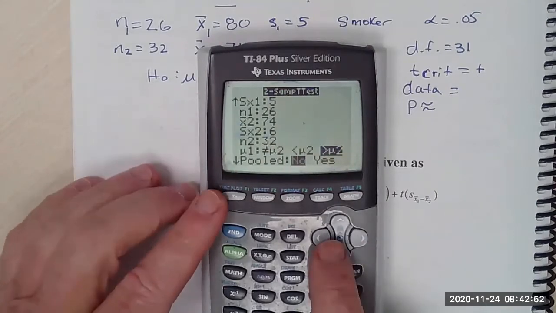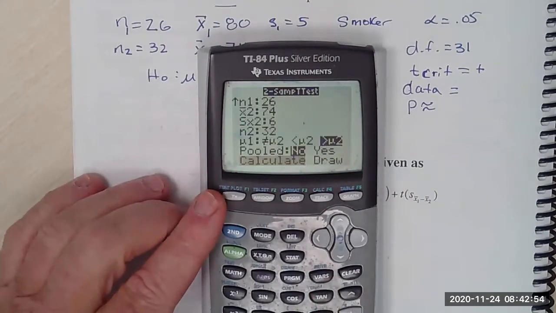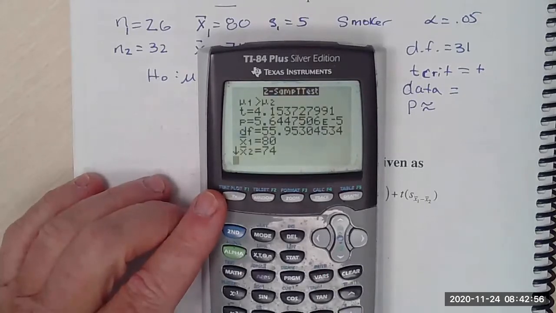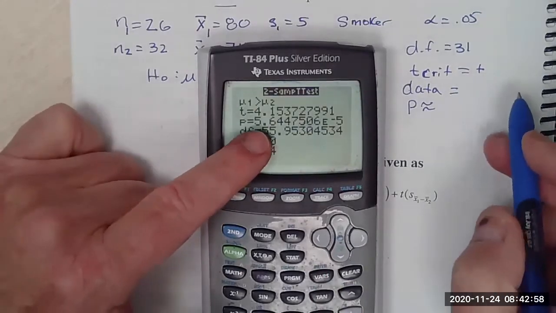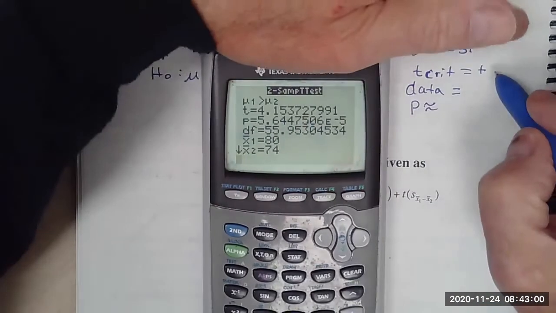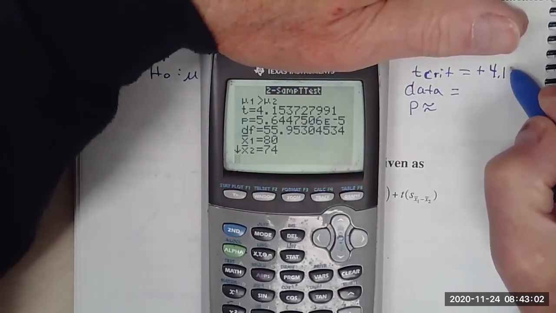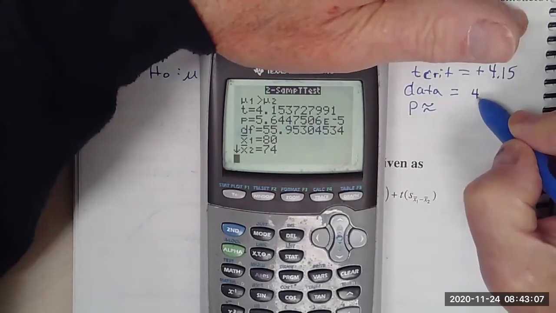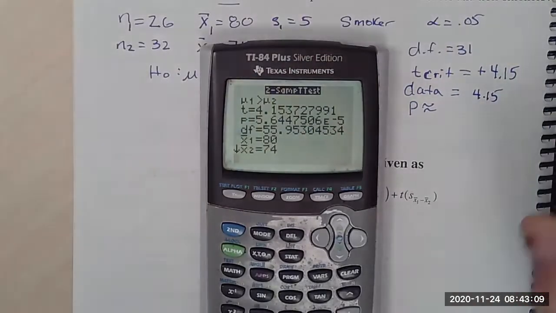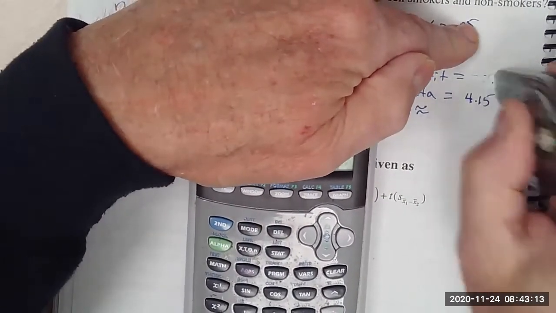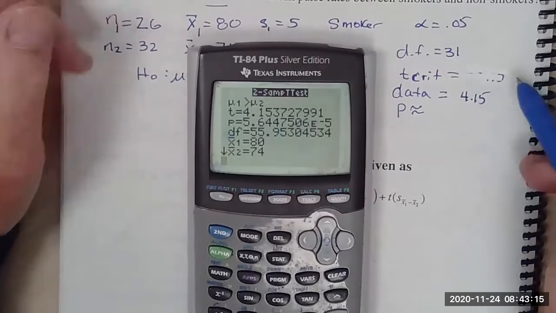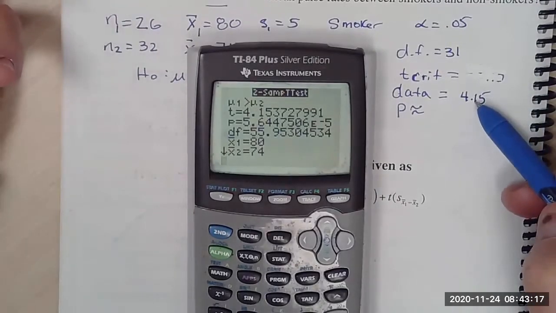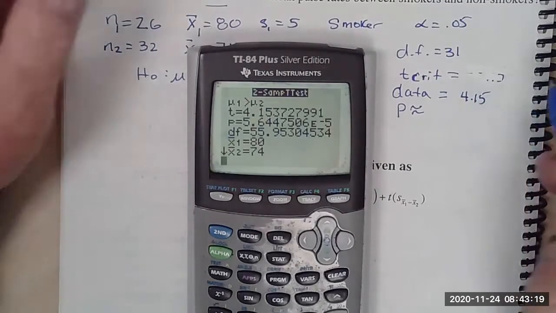Pooled, no. Always say no for the pool. And then calculate. So the t value is 4.15. I haven't found the crit yet. I think it doesn't matter because that's going to be bigger than any crit I'm going to have, but I'll show you how to find the crit.